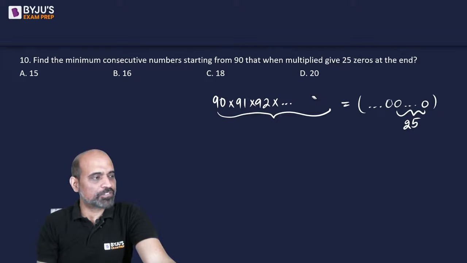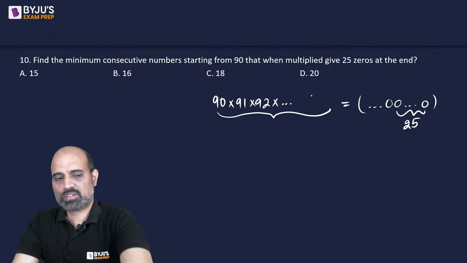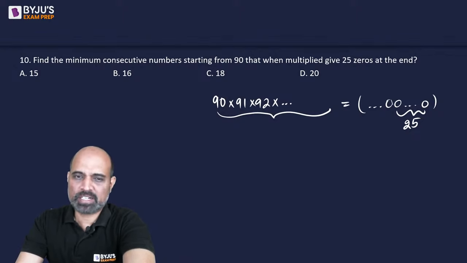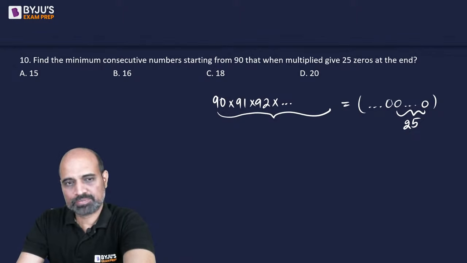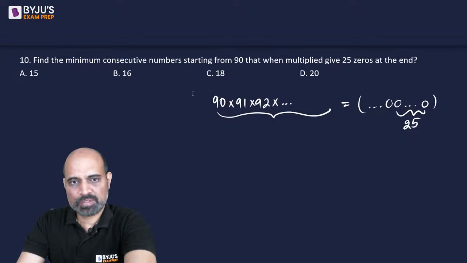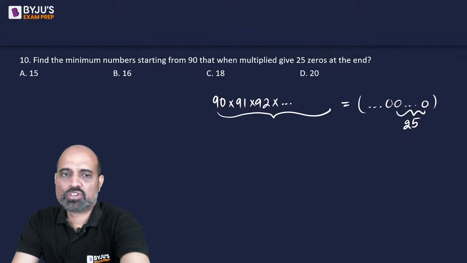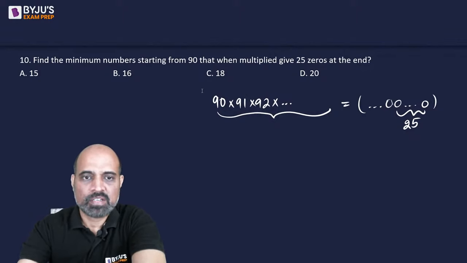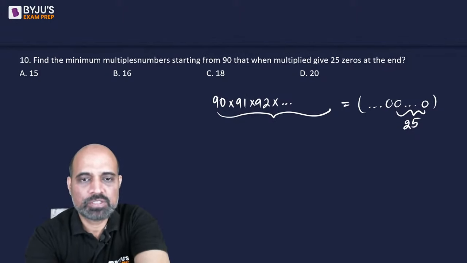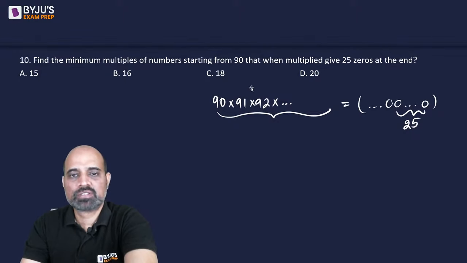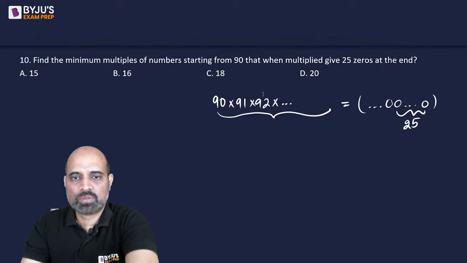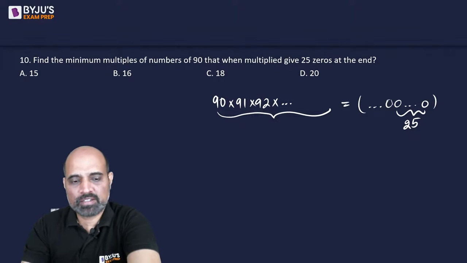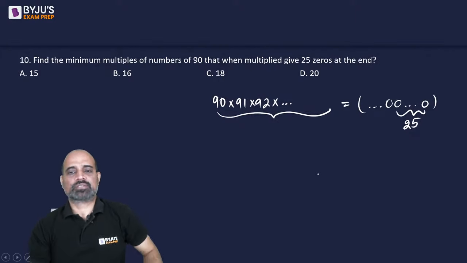Fives we will be getting after every 5 numbers starting with 90. So looks like these are not consecutive numbers but rather multiples of the numbers. So find the minimum number of multiples of 90. इसका सेंस बनता है.